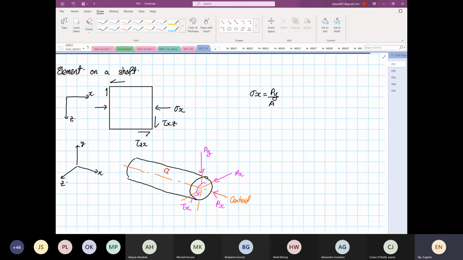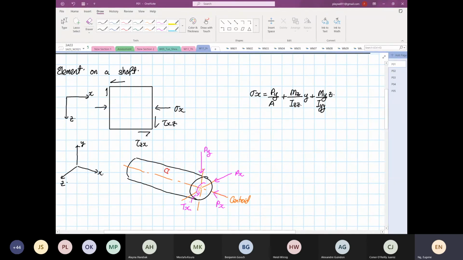Then we also have, this is week 11, plus the moment about z over Izz multiplied by y, plus the moment about y over Iyy multiplied by z.